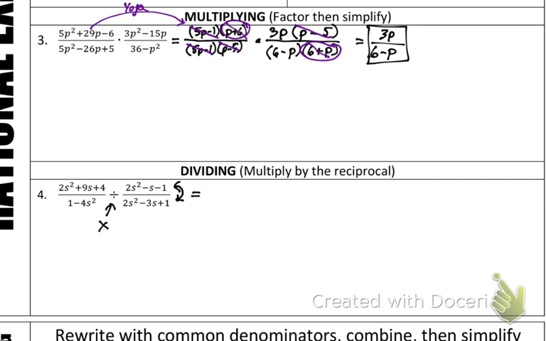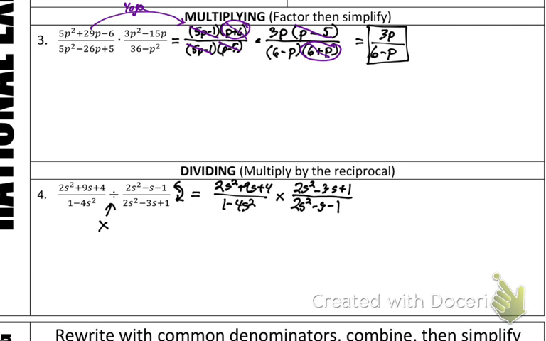So rather than doing what I was given, I'm going to have 2s squared plus 9s plus 4 divided by 1 minus 4s squared. And I'm going to change this to a multiplication sign, and I'm going to flip those. I'll have 2s squared minus 3s plus 1 all over 2s squared minus s minus 1.